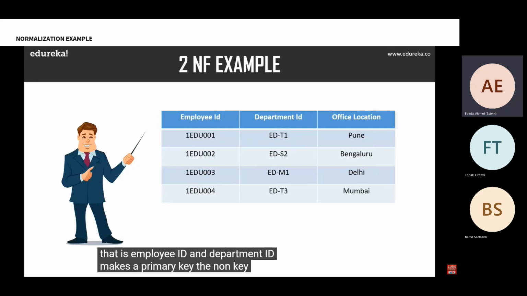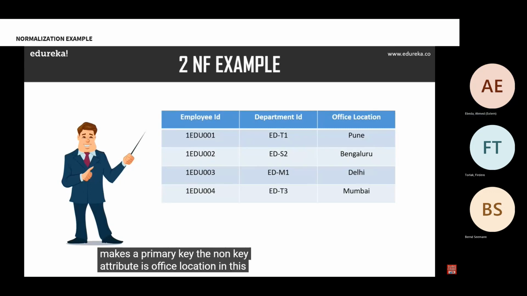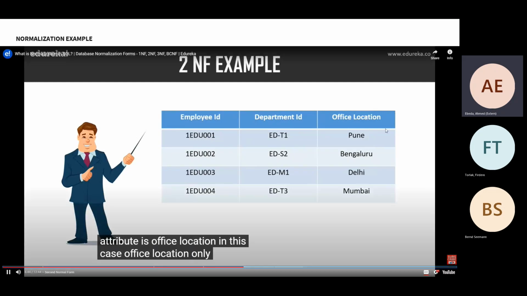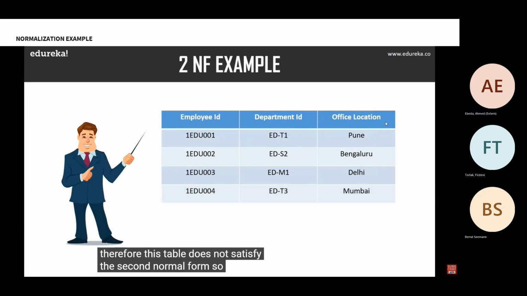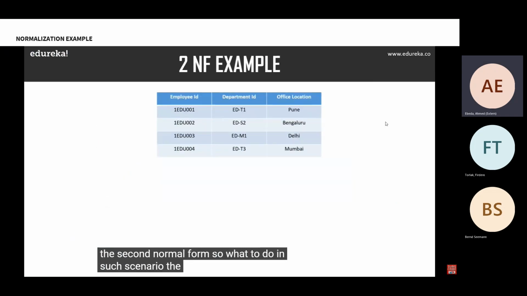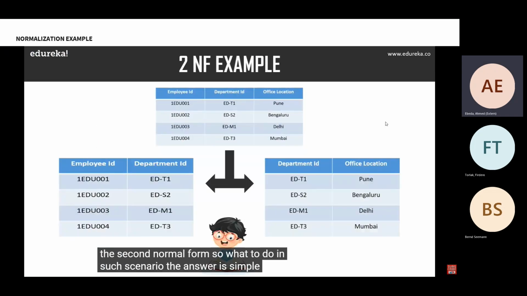The non-key attribute is office location. In this case, office location only depends on department ID, which is only a part of the primary key. Therefore, this table does not satisfy the second normal form. So what to do in such a scenario? The answer is simple. Split the table accordingly. To bring this table to second normal form, we need to break the table into two parts, which will give the following tables.